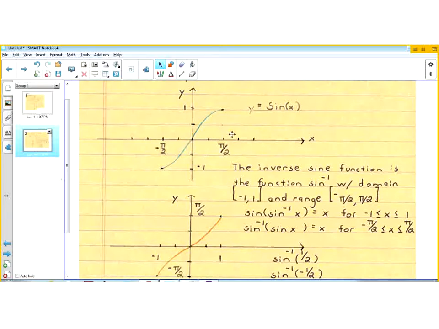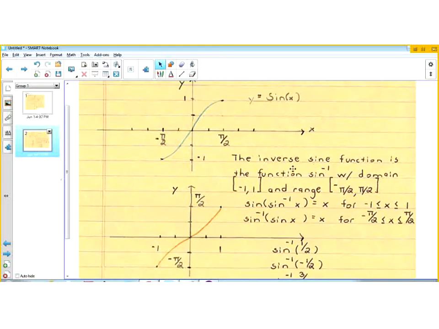So the domain of the principal sine becomes the range of the inverse sine, and the range of the principal sine becomes the domain of the inverse sine function. And we write the inverse sine function as sine inverse. This is not to be interpreted as a -1, it's to be interpreted as an inverse.